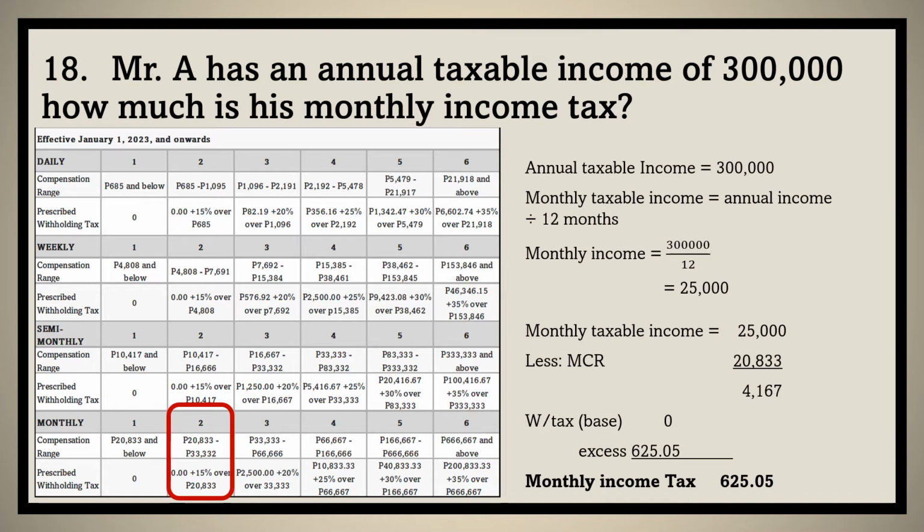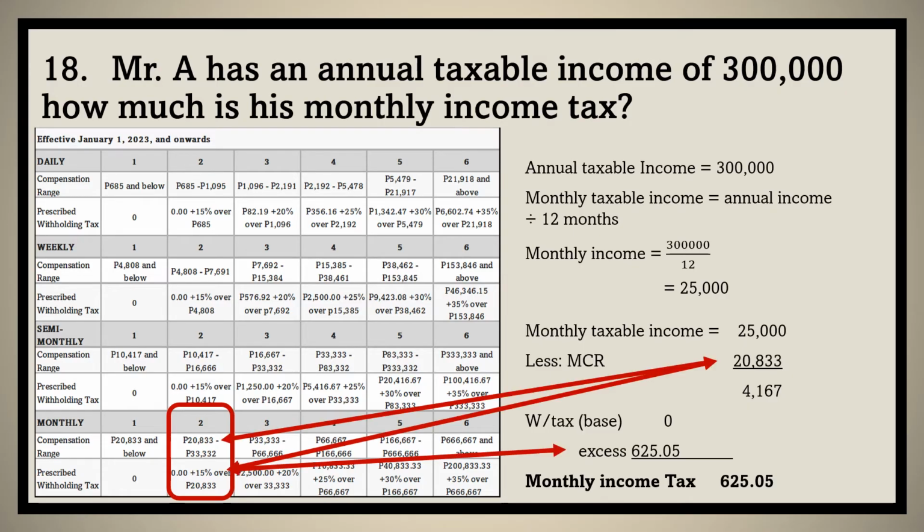In this instance, the 25,000 amount falls within column 2, which encompasses a compensation range of 20,833 to 33,332. Upon identifying the applicable tax bracket, we will proceed to calculate the excess by subtracting the minimum compensation range of 20,833 from the monthly taxable income of 25,000.